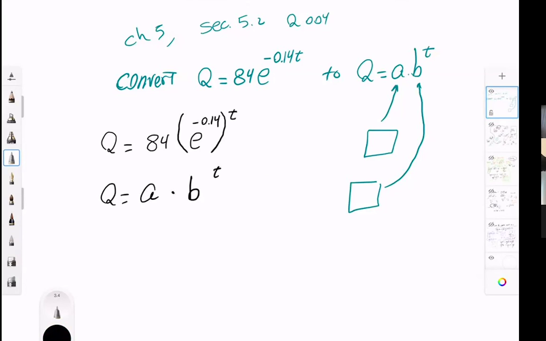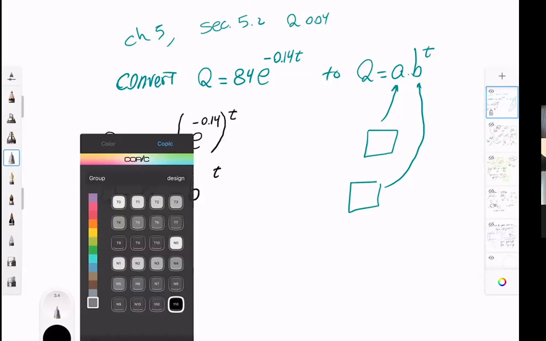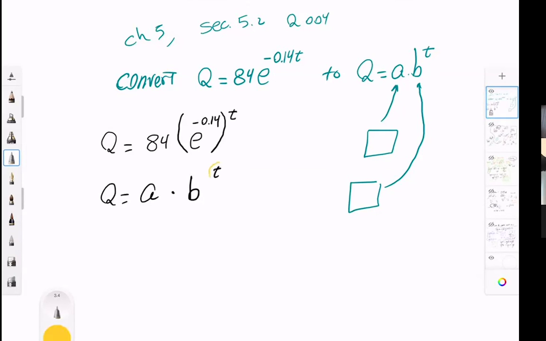What do you think A will be? 84. So this T and that T are the same, correct? There's no way you can break that one down, you cannot think that probably I can pull something out to give it to 84. No. This T dominates this base.